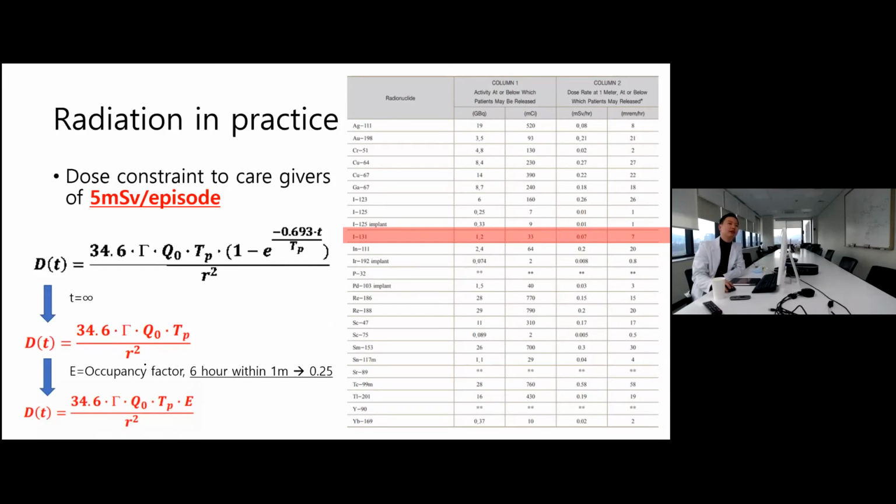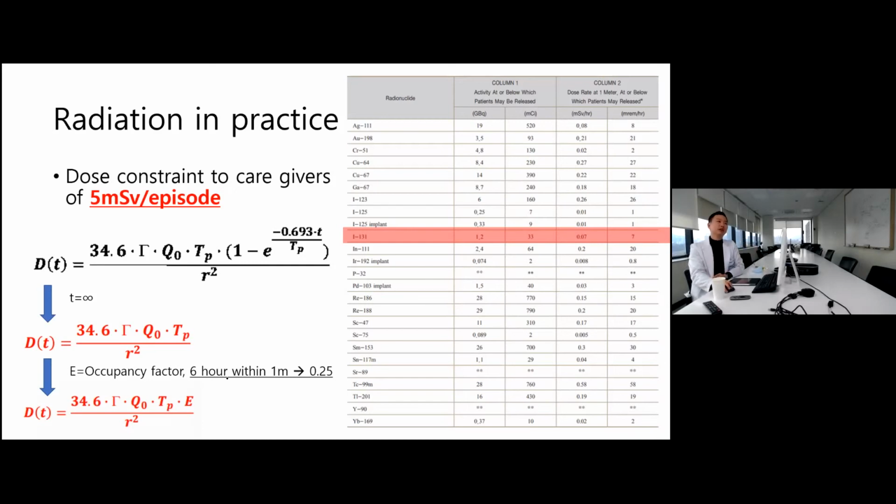However, there should be one more assumption about the occupancy factor. This occupancy factor is the proportion of how long the caregiver or your friend is with you within at least 1 meter.